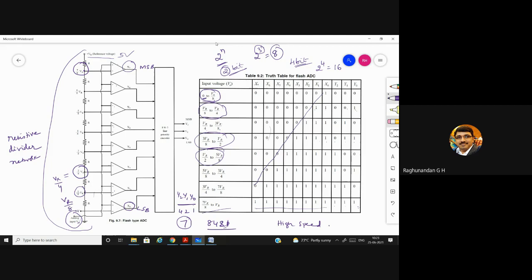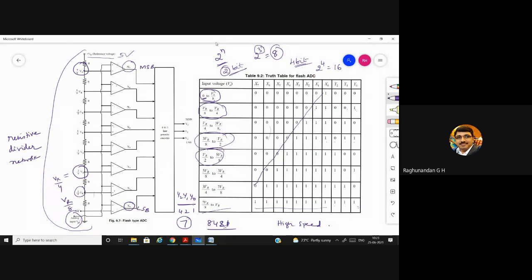This successive approximation type ADC is quite interesting, and here we'll be using the comparison tree. Based on the comparison tree, this is going to work.